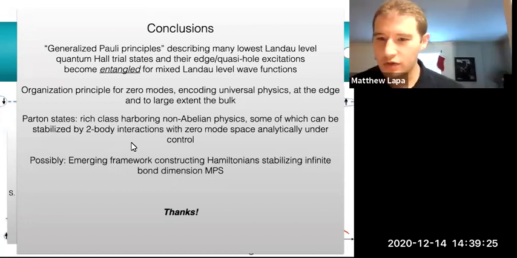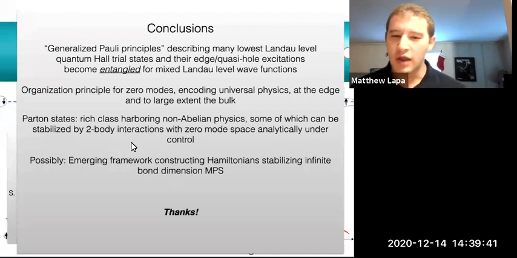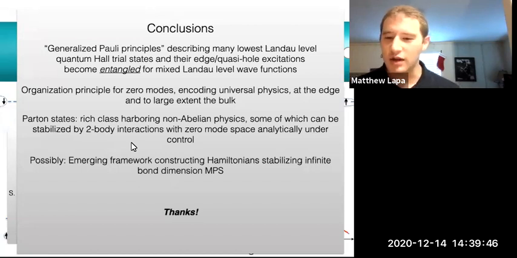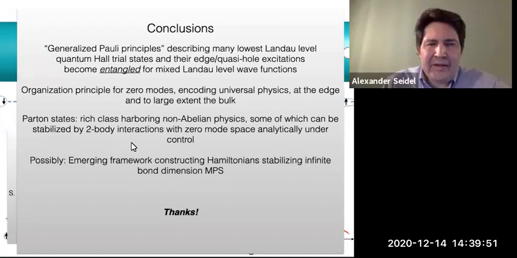Okay, any other quick questions? I also have one more general question. Is there a way to see from these constructions if there are any CFTs that are probably not consistent with the edge of one of these types of Hamiltonians? Well, there are many constraints on the CFTs that are known in the literature. They have to be unitary, for example.